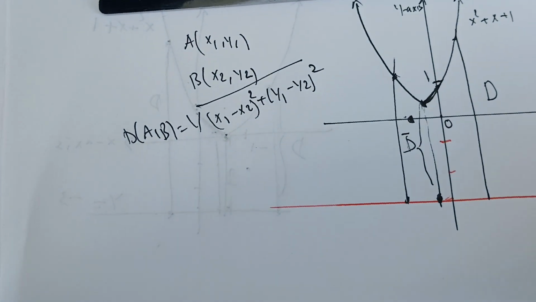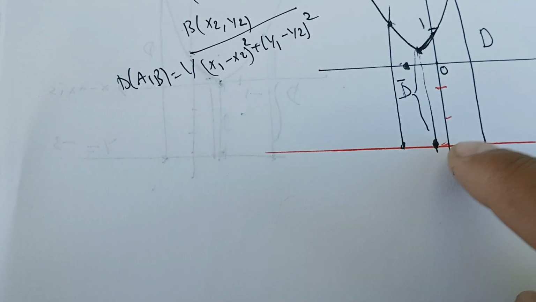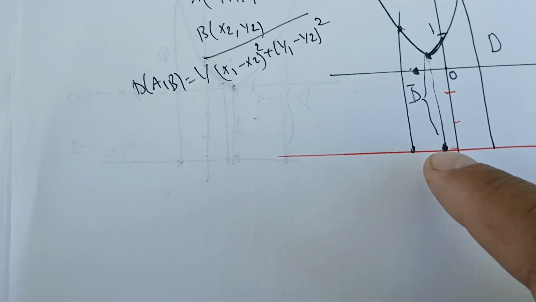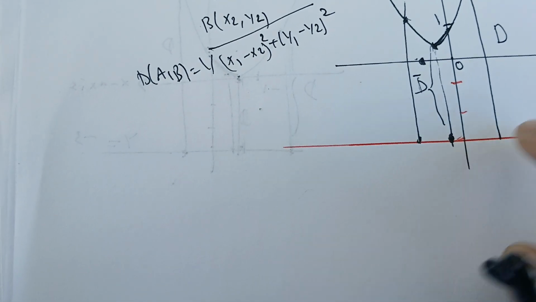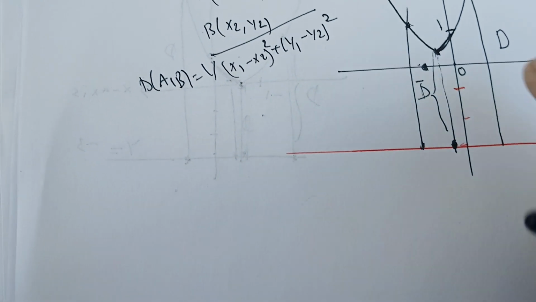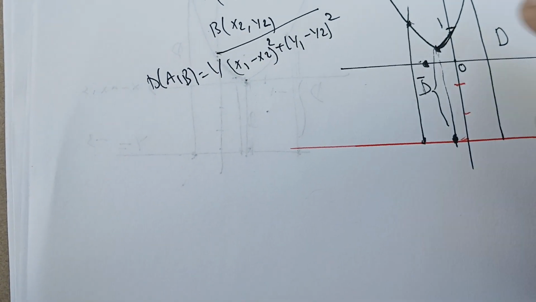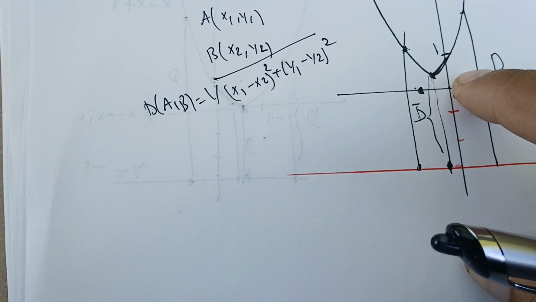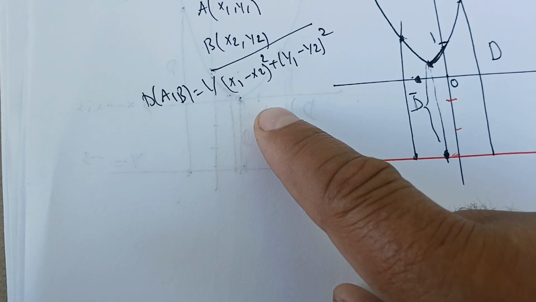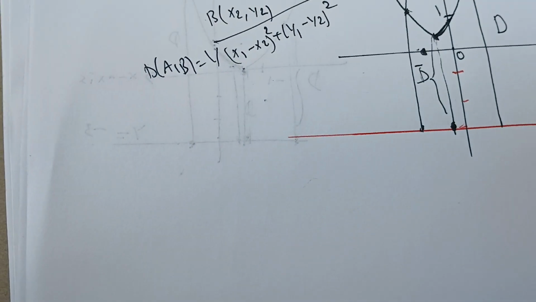So in our problem, we need to find x1, y1 for the first person and x2, y2 for the second person, and from there, we can use this formula to find the distance.